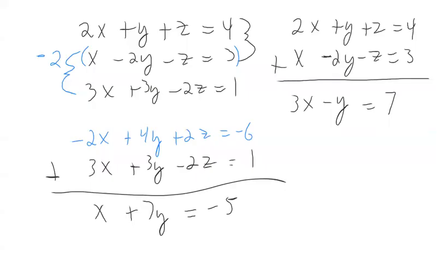All right, so to save room, I'm going to move to the other side. So 3x minus y equals 7, and x plus 7y equals negative 5.